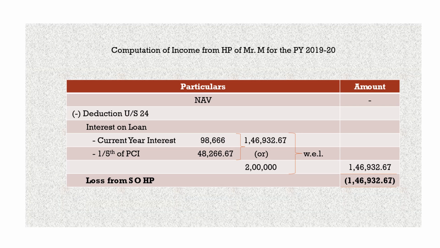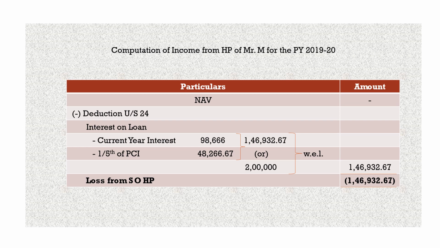Once the current year interest and 1/5 of PCI are calculated, we can find out the income or the loss from the house property of Mr. M. Since this house is a self-occupied house, the NAV will be nil and only interest on loan can be claimed under section 24. The current year interest and 1/5 of PCI sum up to 1,46,932.